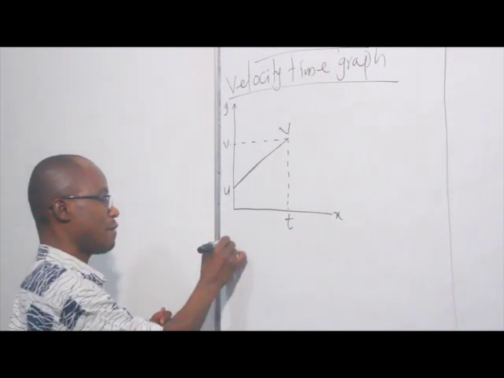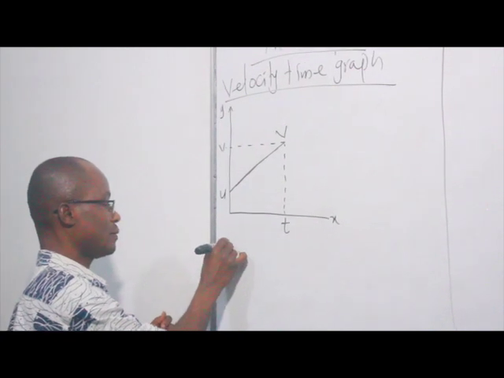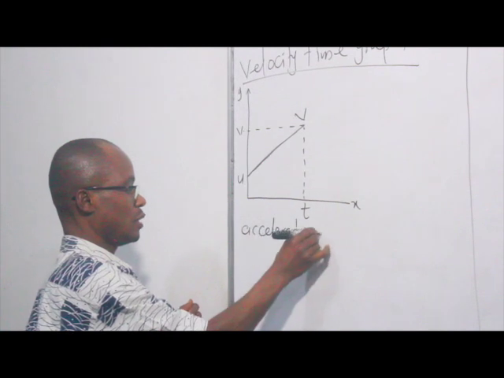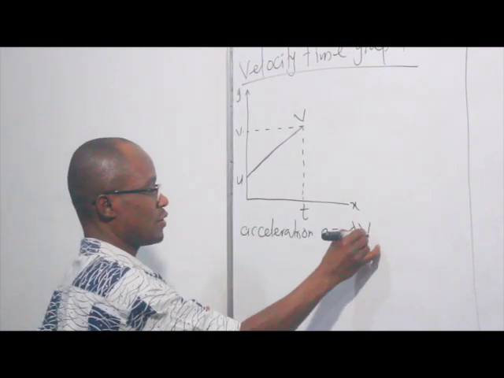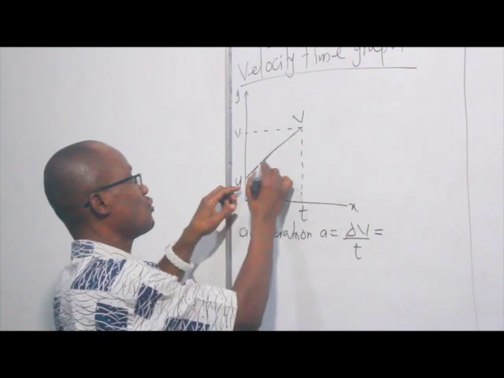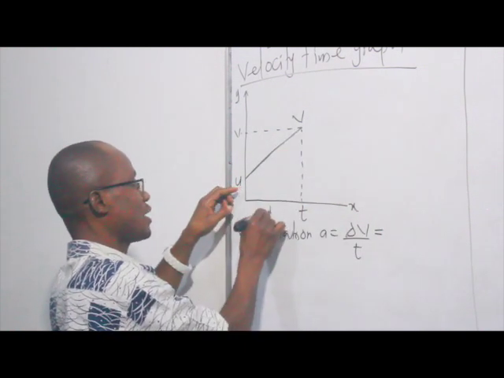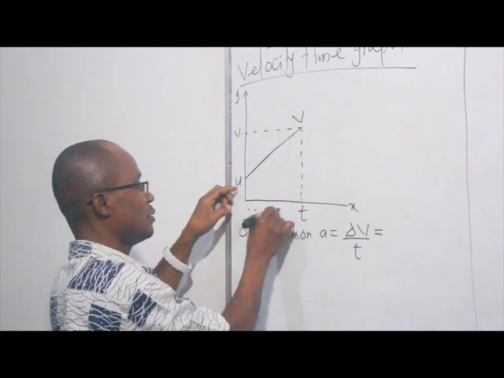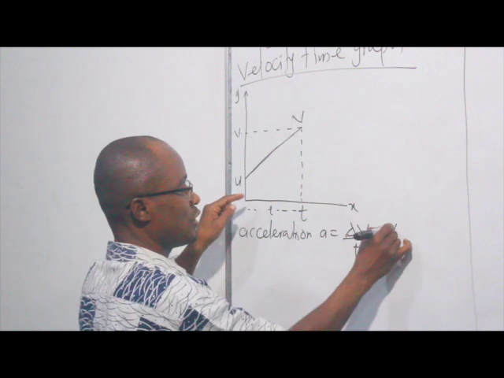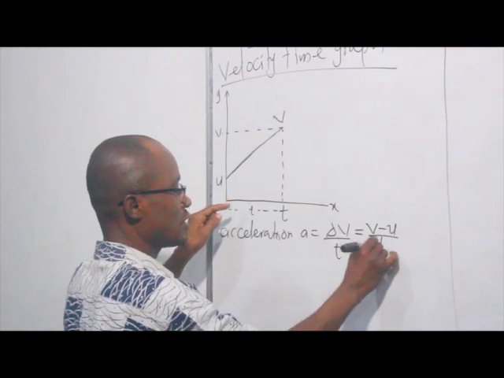So in this case, we have acceleration a equals the change in velocity with respect to time. The change in velocity, looking at the time here, is v minus u, over t, the time taken. Meanwhile, the acceleration will then be equal to v minus u over t.